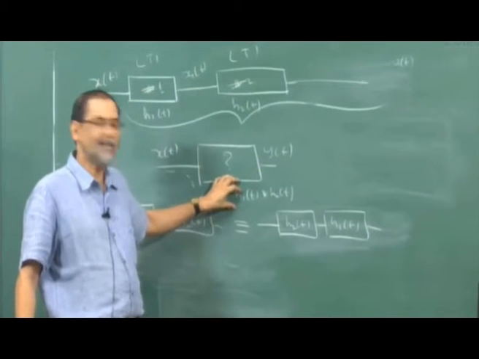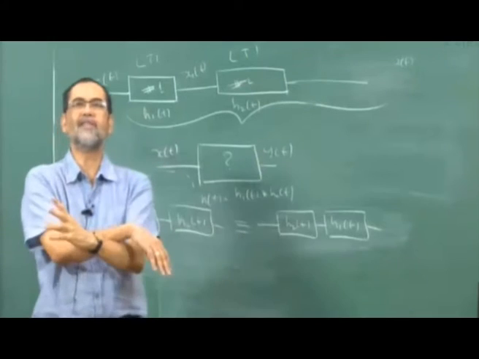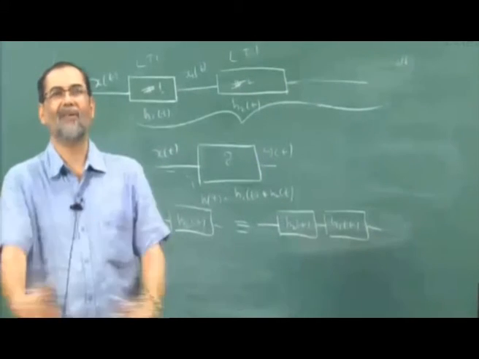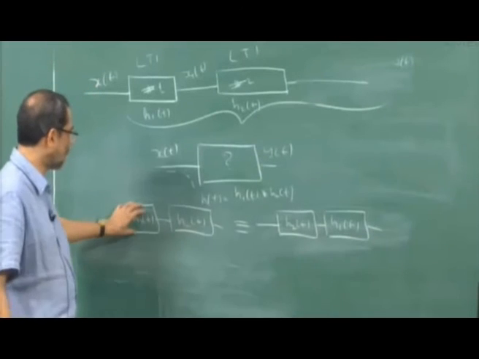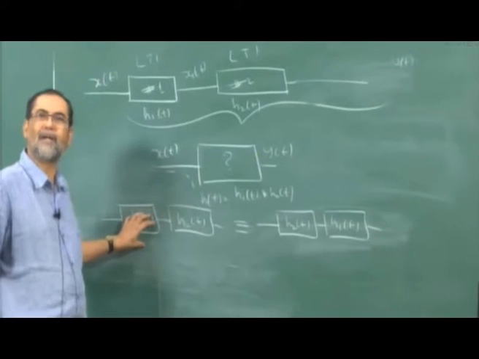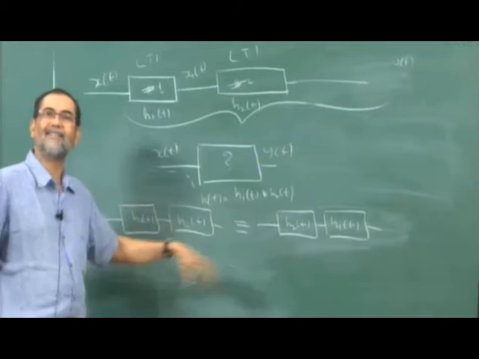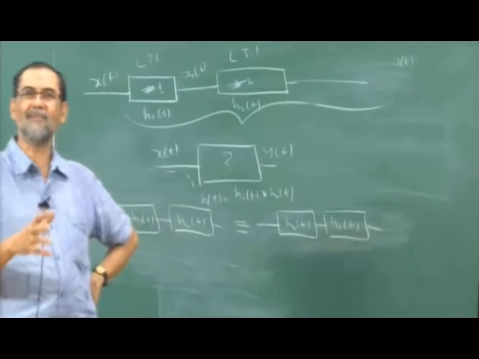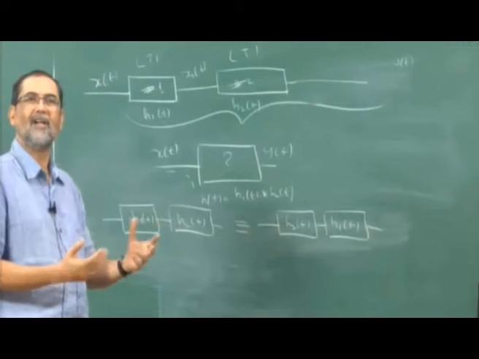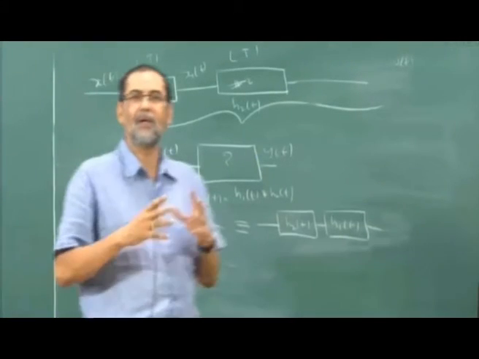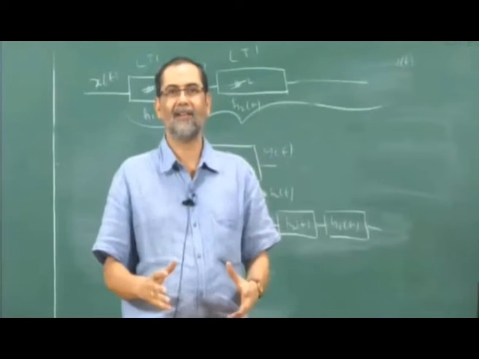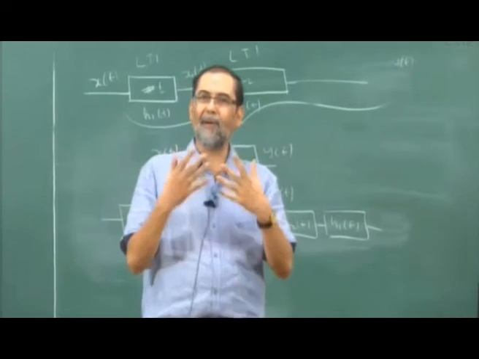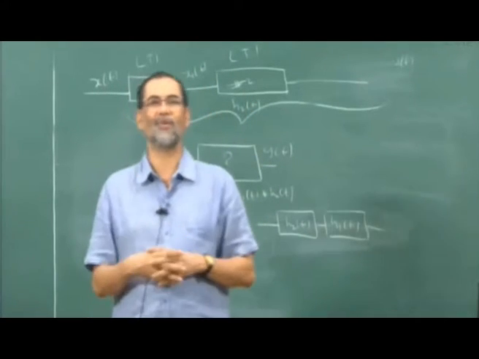Sometimes reversing the order makes it extremely simple to analyze, rather than a system where it goes through a more complicated impulse response first and a less complicated impulse response next. That would be a complex system, whereas if you reverse the order... LTI systems give you immense flexibility in analyzing, building, designing, testing and so on.